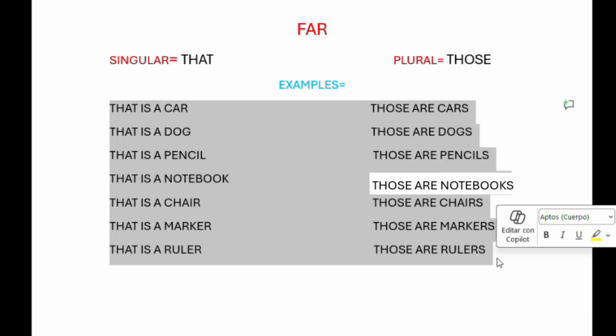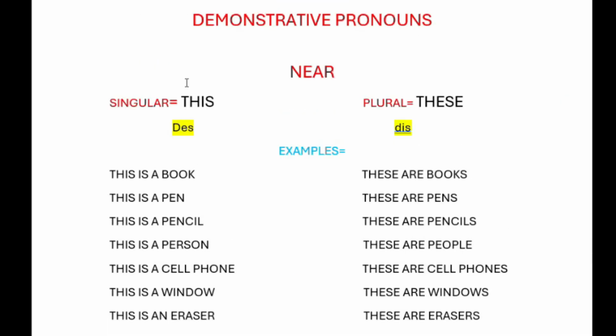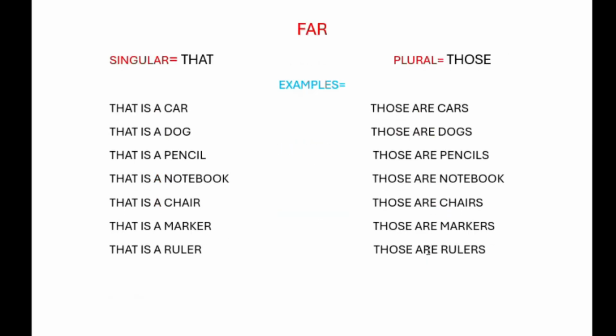And don't forget to practice. You have these examples, or you can use your imagination, or maybe at home start using the demonstrative pronouns with objects around you, right? For example, when something is close to you, you say, this is my computer. Or in plural, these are my computers. And when the objects are far away, you calculate the distance, you don't touch them, you just look at them.